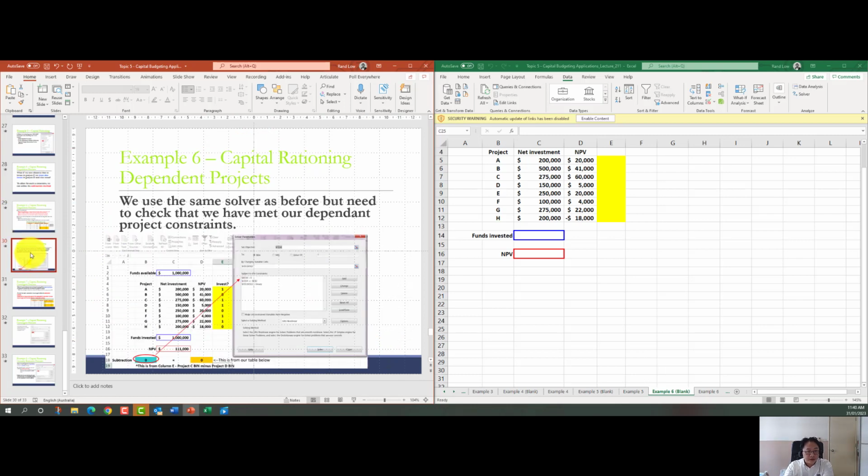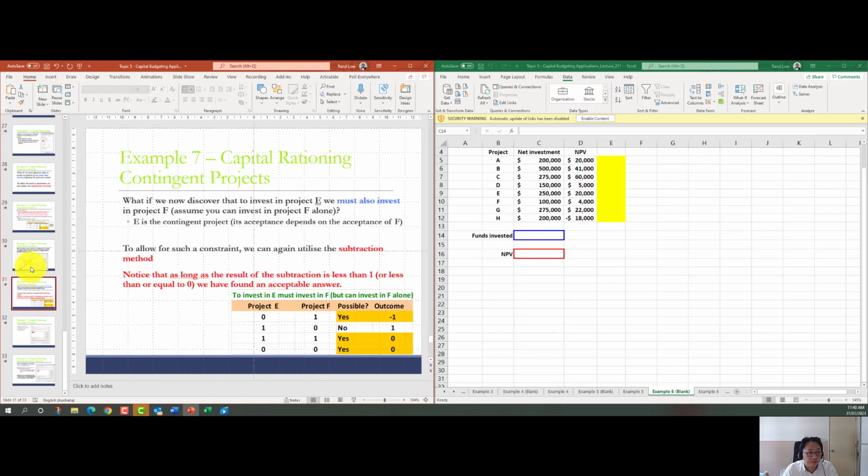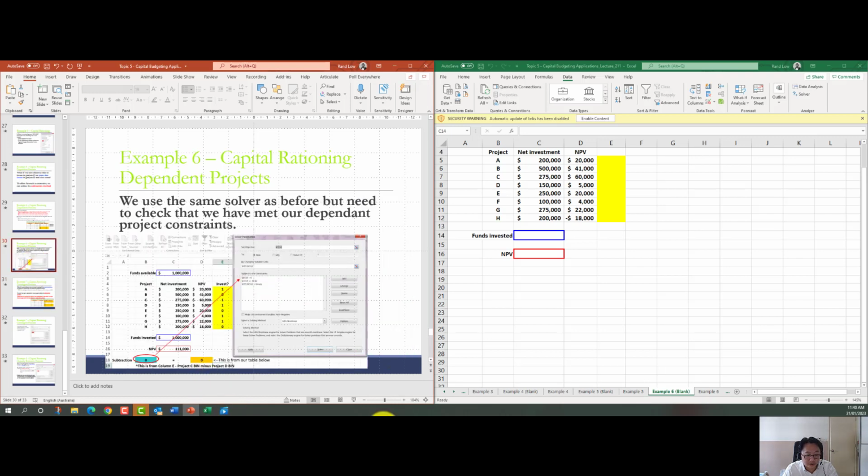Now we use Solver as before, but we need to make sure that we check that it has met our dependent project constraints. We proceed with adding some new functions into our spreadsheet.